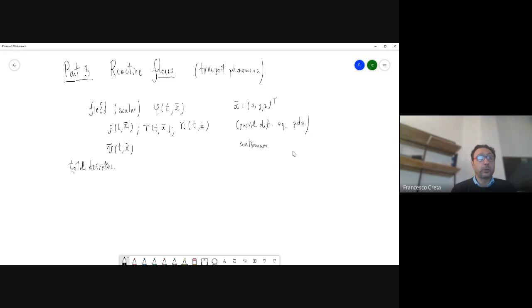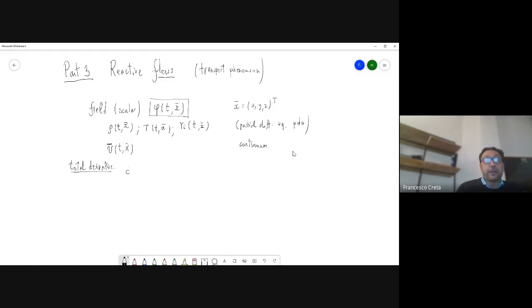What do we mean by total derivative? Well, it's exactly what we mean. You can take any of those scalar fields, for example. Let's take the generic scalar field phi, and we want to know essentially the total derivative of phi with respect to time.